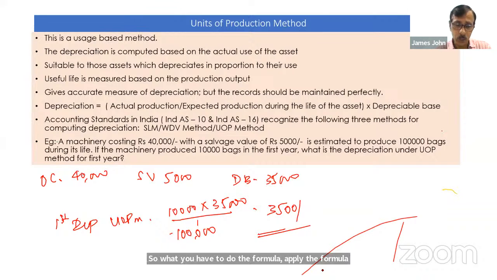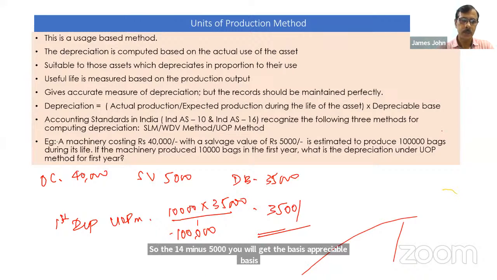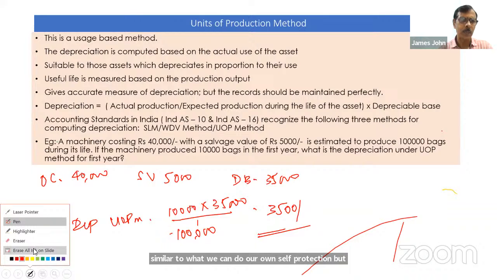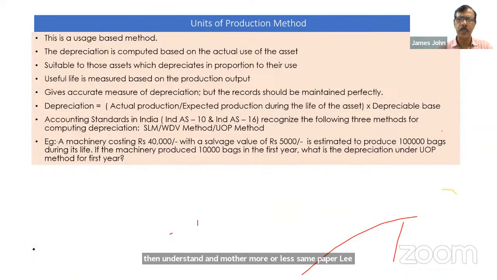The total production you put in the base, then how much was produced during the particular year, you write on the top, into the base. Here cost is 40,000, salvage value 5,000. So 40,000 minus 5,000, you will get the depreciable base as 35,000. Clear? You can equate the units of production method and straight line method, more or less the same type only, not of much variance.